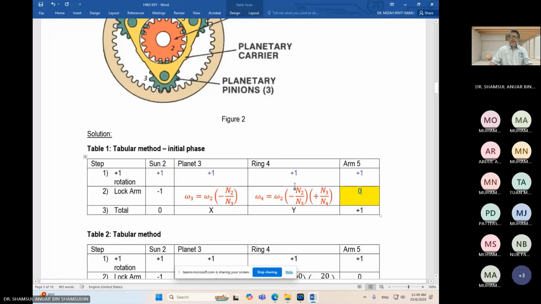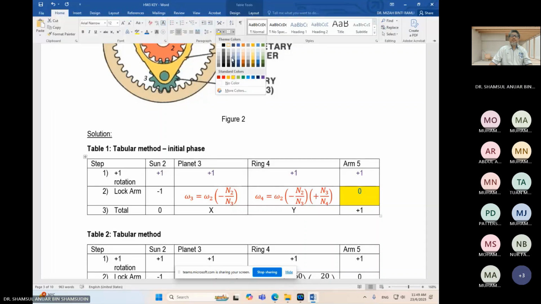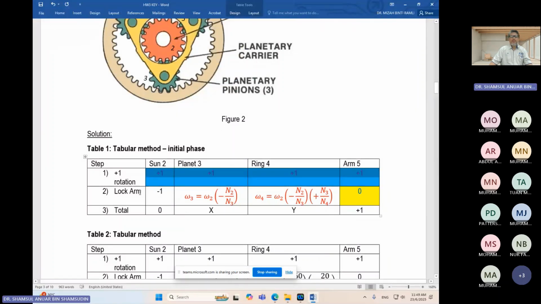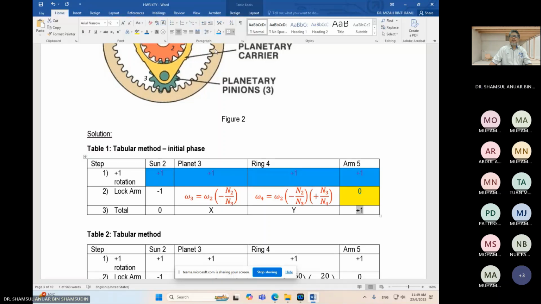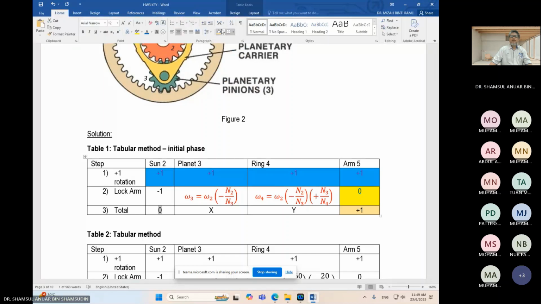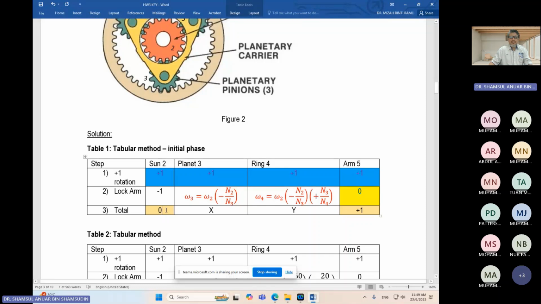Then you can fill in the rest first. Followed by number 2, give a 0 there. And number 3, I guess you can decide here.